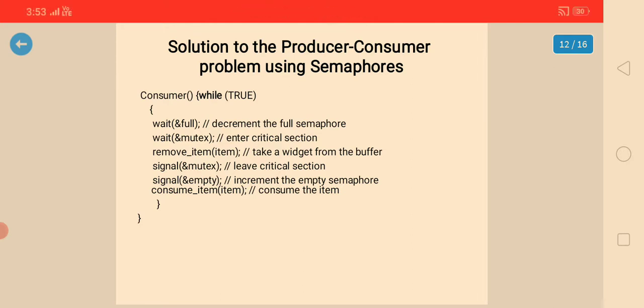So this is the producer consumer problem using semaphores. Producer means it is producing the items. Consumer means it is consuming the items sent by the producer. Consumer: while true, wait full, decrementing the full semaphore; wait mutex, entering the critical section; remove_item, taking the item from the buffer.